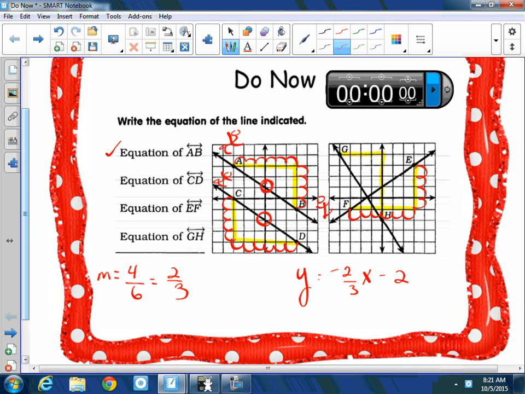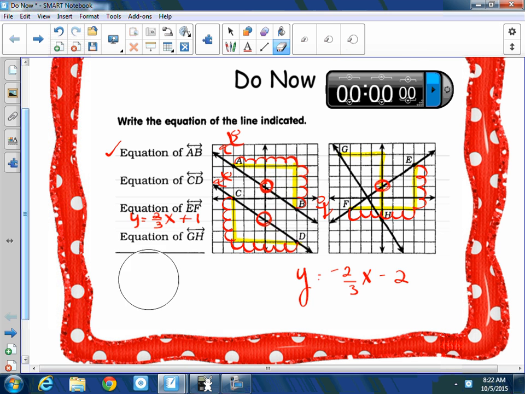He's been a good boy, so that would be plus. Very good. And then on that line, check where it hits the y. That's plus 1. It's just like AB. So the equation for this one would be y equals... Actually, it's not like that one because the other one was a negative slope, right? Plus 1. All right, let's do the last one.